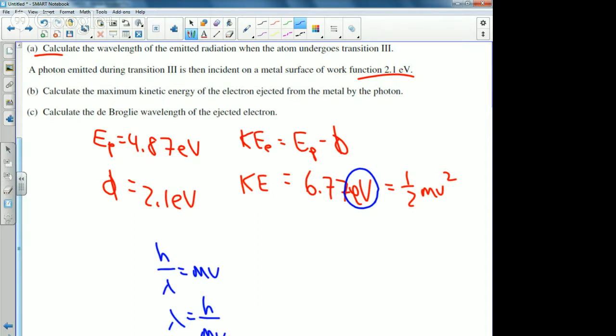So using the conversion factor, 1 eV is 1.6 times 10 to the negative 19 joules, you get the energy is 1.0832, or 1.08 times 10 to the negative 18 joules, equals 1/2 mv squared. Okay, you solve for the speed and then you solve for the wavelength. That's me flying through this question.